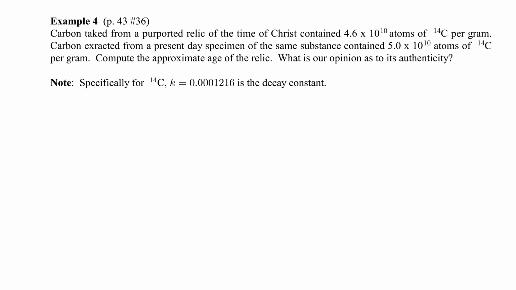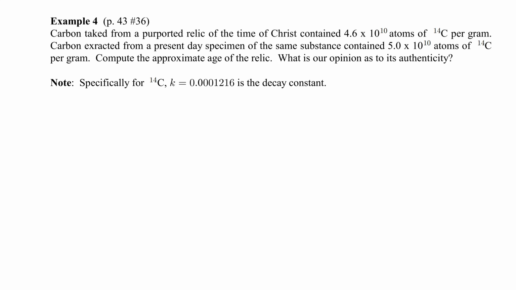When something dies and it ceases to take up carbon-14, the carbon-14 in their bodies begins to decay radioactively. So by looking at how much carbon-14 is in some sort of relic, you can determine the age of that relic based on the amount of carbon-14 in the atmosphere over time.